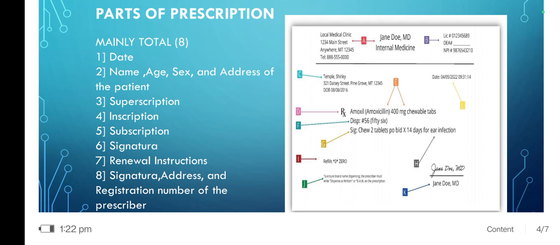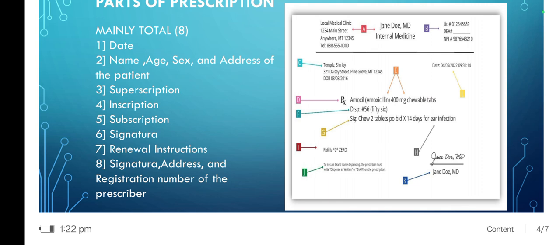Second one, name, age, sex and address of the patient. By name and address, the patient to whom the prescription belongs can be identified.